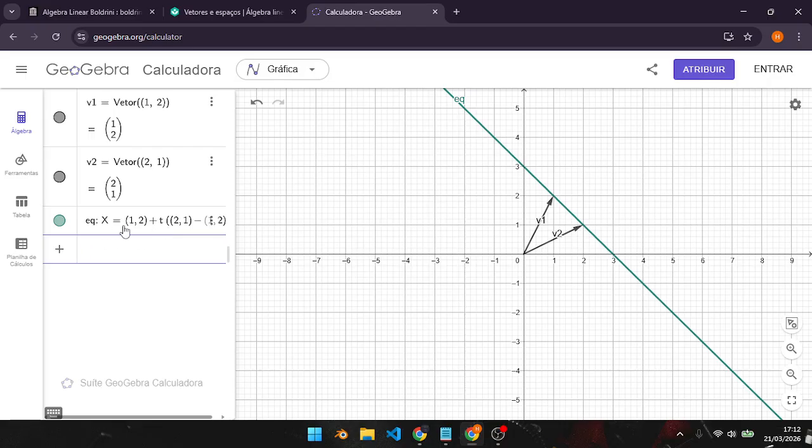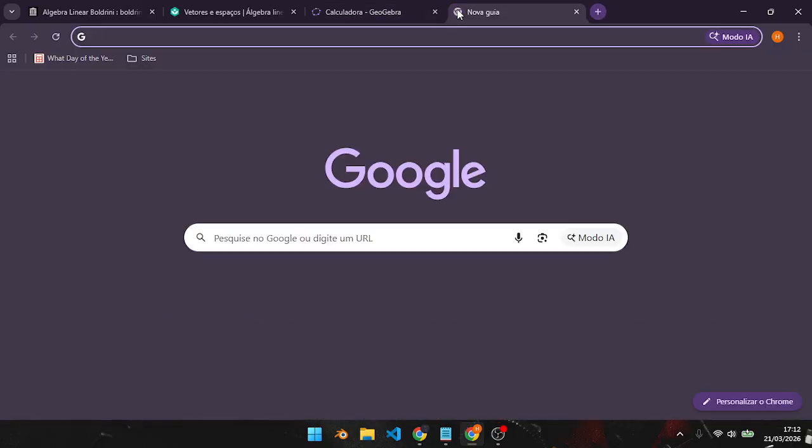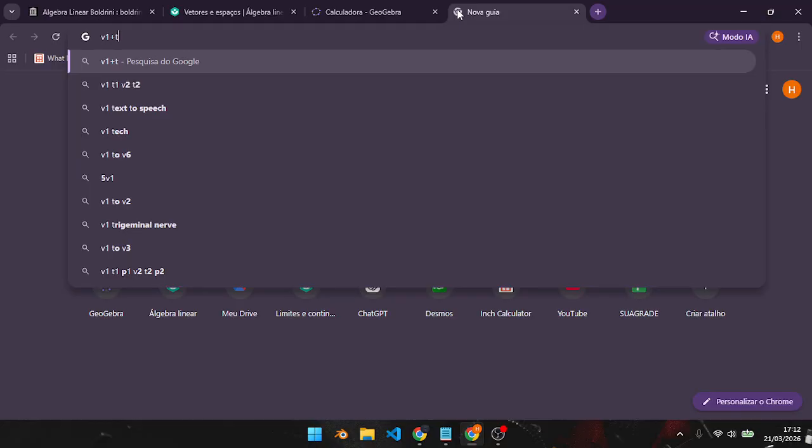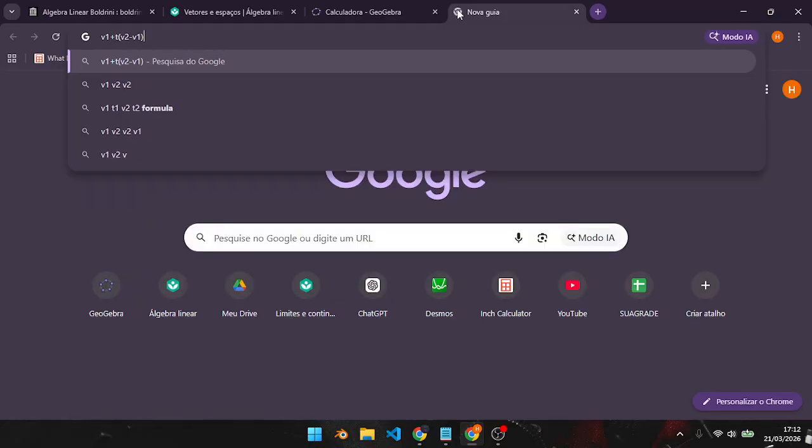This is not going to work here. I couldn't get it to work here, so I'm just going to copy the equation here. The equation is v1 plus t multiplied by v2 minus v1, okay? So when t is 0, this all goes away, and we're left with only v1.